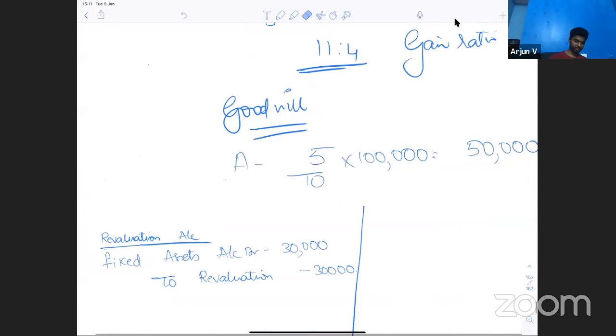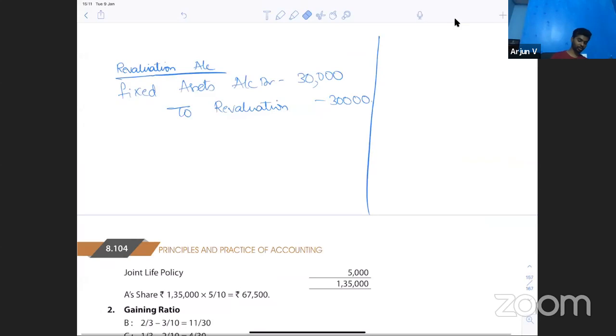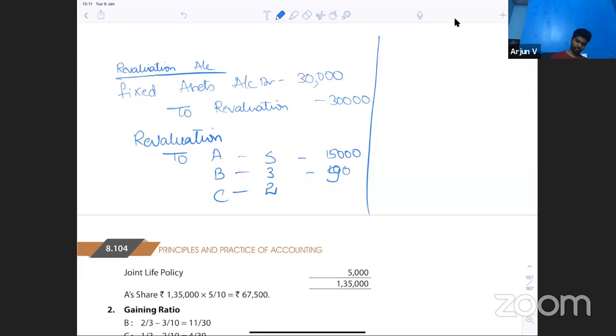So what did I say? This one you have to transfer to this revaluation. Since it's only one, you will transfer it to all the partners A, B and C in the ratio of 5, 3 and 2. 30,000 into 5 divided by 10, 15,000, 9,000 and 6,000.